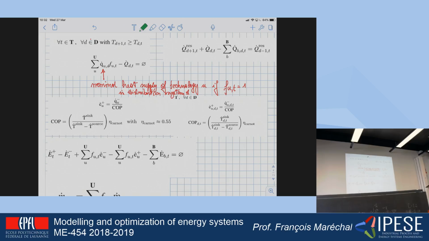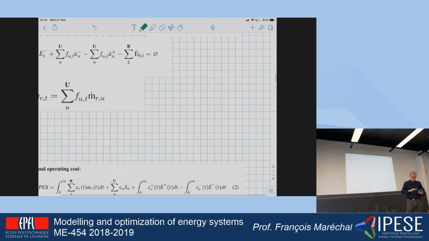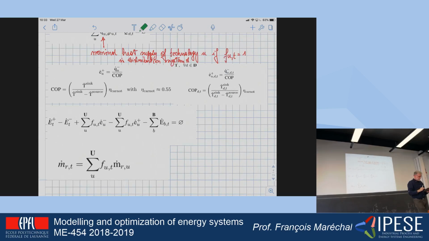Okay? Now, of course, the value that I'm going to use here should normally be coming from the model of a heat pump with a given refrigerant, with given pressures at the evaporator and with given pressures at the condenser, with given sizes for the heat exchangers.